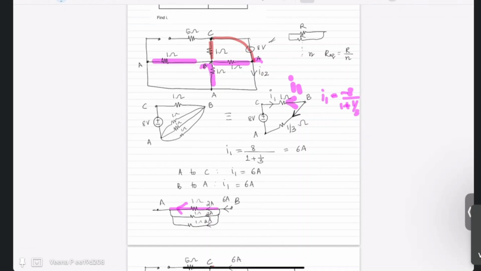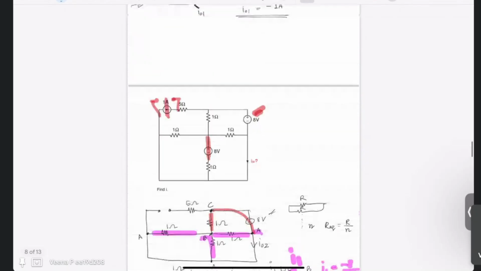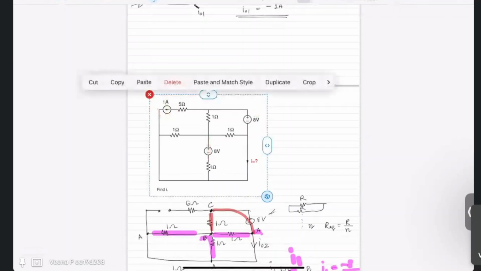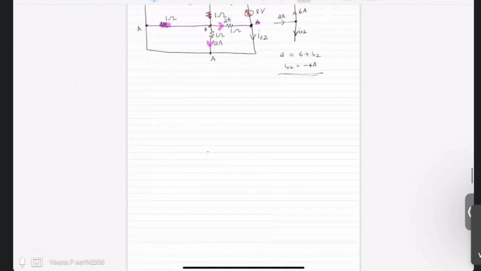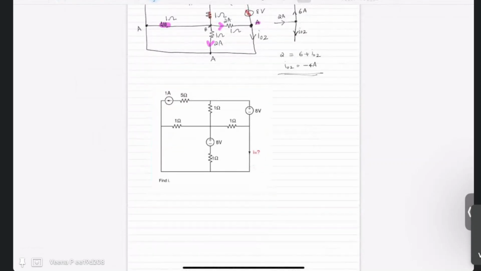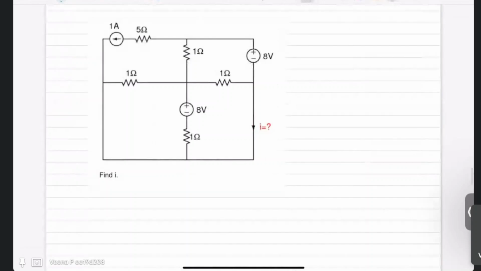So now we'll go to finding your I03. So similar way you will proceed. So I03 is when only the lower 8 volts acts. So you have to short circuit this 8 volt and open circuit this 1 ampere.